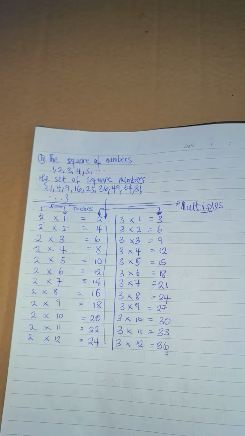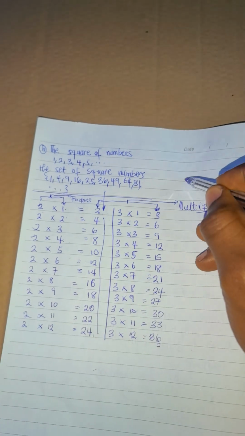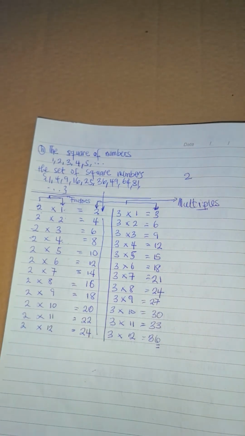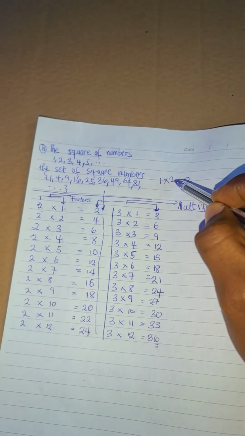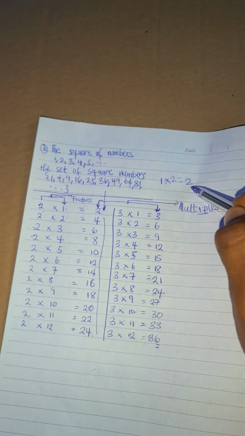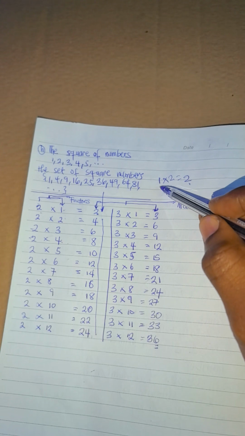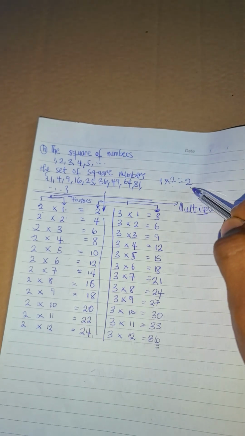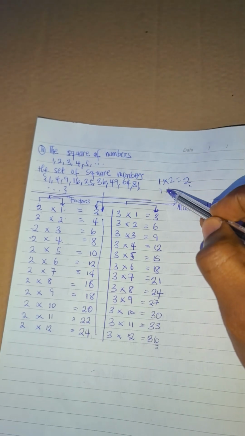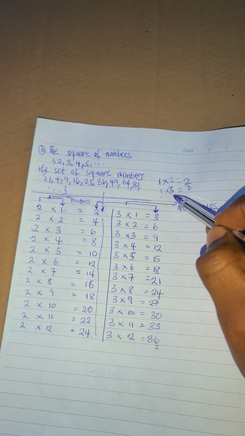So if I take 2, for instance, what are the factors or numbers that when I multiply I'll get 2? I can get 1, I can get 2 itself. So it means that I can't get any other factors except 1 and 2 to get 2. The same thing for 3, it's only 1 and 3.